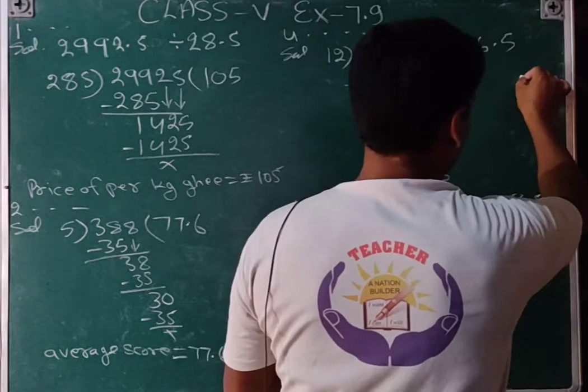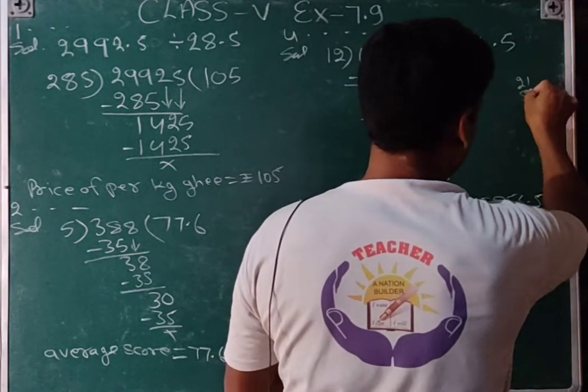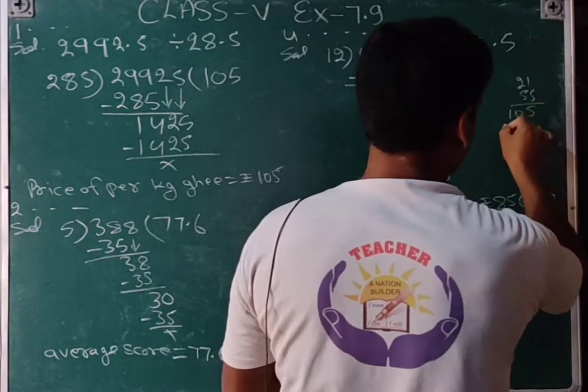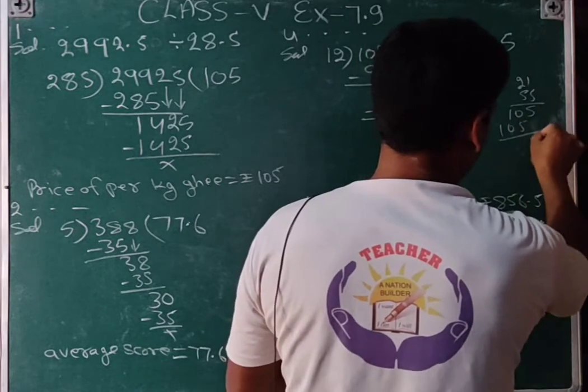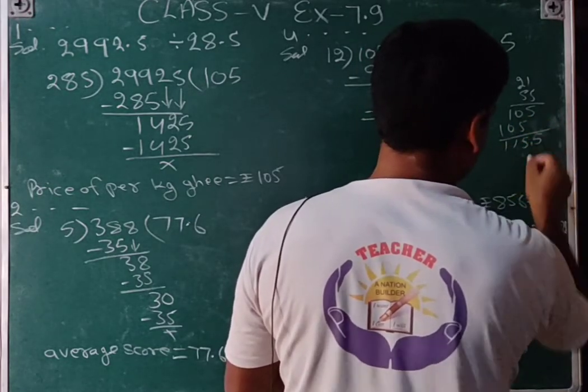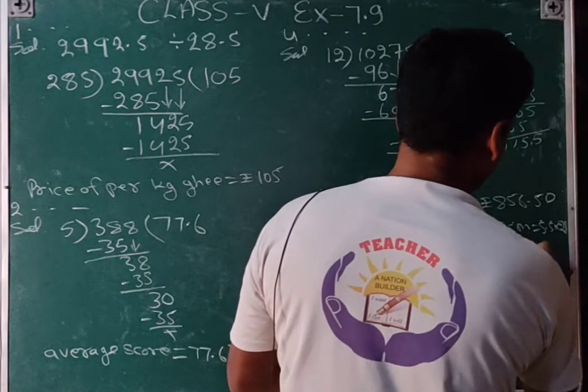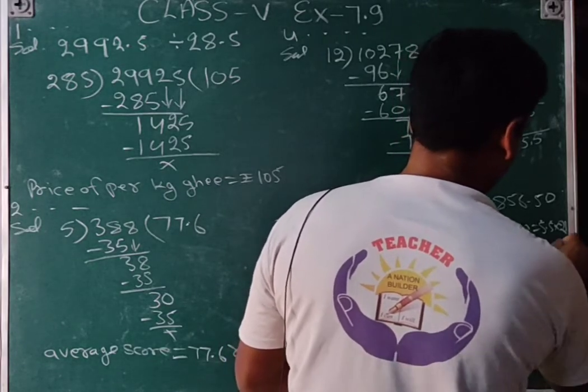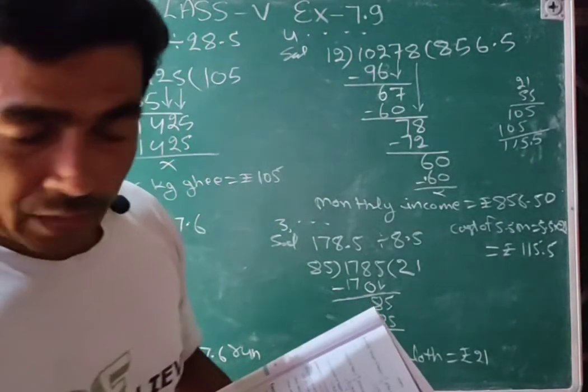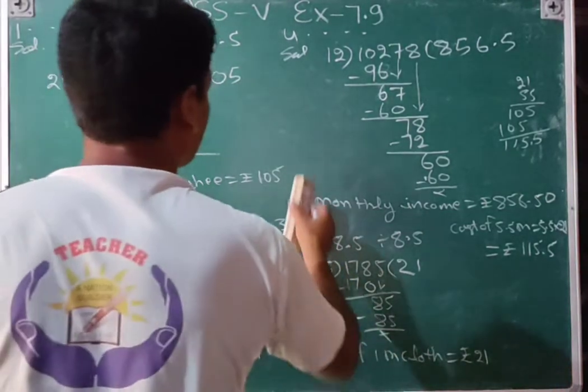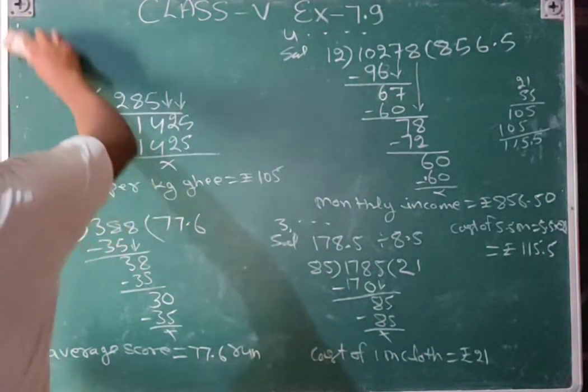Here we can multiply 21 by 5.5, 5 1s are 5, 5 2s are 10, 105, 55 and 1 decimal, rupees 115.5. And then now we will see question number 5.